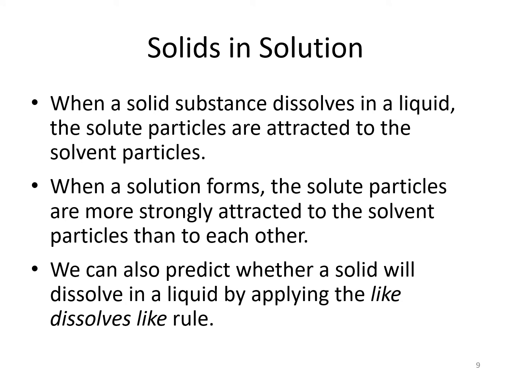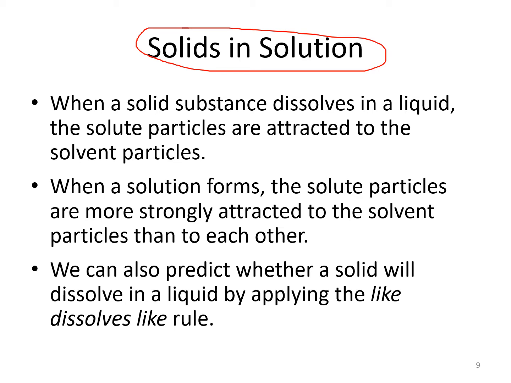So the rest of this chapter focuses on this type of solution, solids dissolved in liquids. And you can also predict whether or not a solid will dissolve in a liquid by applying the like dissolves like rule. Polar solids dissolve in polar liquids, non-polar solids dissolve in non-polar liquids, and by using your solubility rules that you learned in Chapter 7.